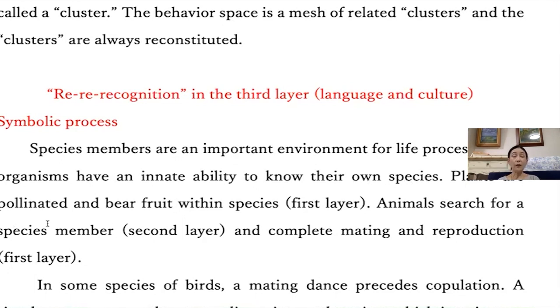Plants are pollinated and bear fruit within species, first layer. Animals search for a species member, second layer, and complete mating and reproduction, first layer.